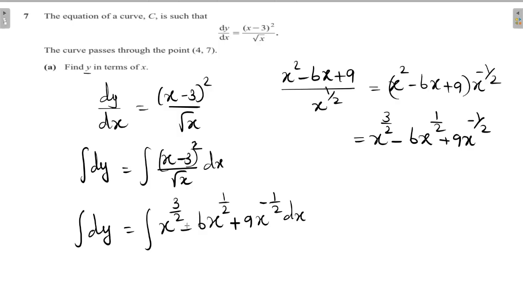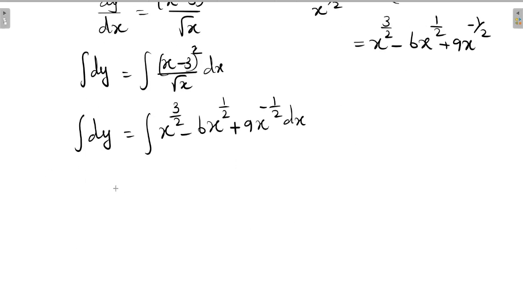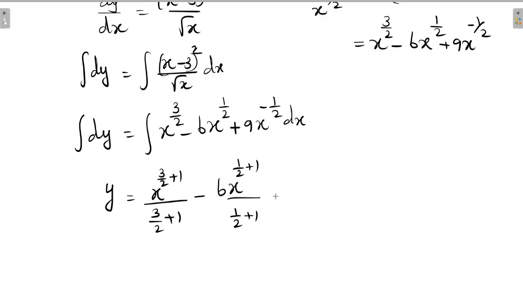Now we can integrate. y = x^(3/2 + 1)/(3/2 + 1) − 6 x^(1/2 + 1)/(1/2 + 1) + 9 x^(−1/2 + 1)/(−1/2 + 1) + c.